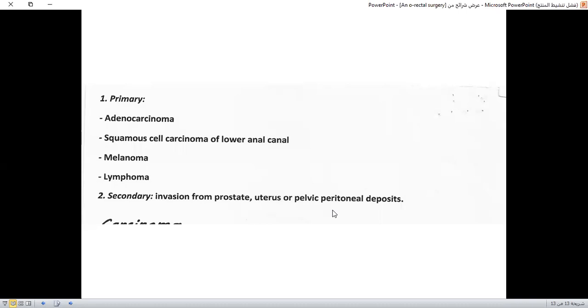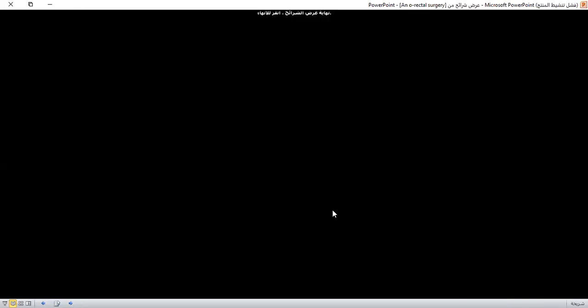Primary tumors: the commonest is adenocarcinoma of the rectum, or squamous cell carcinoma of the lower anal canal. Of course, this one is in the anal canal, not in the rectum; the rectum is higher than 4 centimeters from the anal canal. Also melanoma, rectal melanoma, and lymphoma. Secondary tumors in the rectum come from invasion from prostatic tumors, uterine tumors, or pelvic peritoneal deposits.